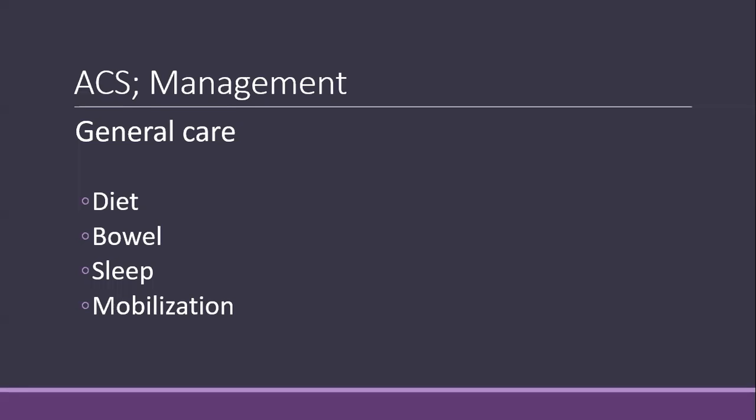His sleep must be normal, and earlier mobilization: when the patient becomes symptom free and there is no complication, the patient should be mobilized early from his bed, so that there should be no further complication related to bedridden patients. So these are the general care of a patient which is offered in CCU and in the ward.